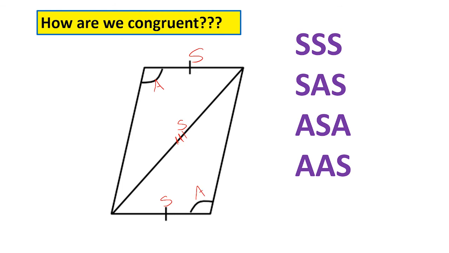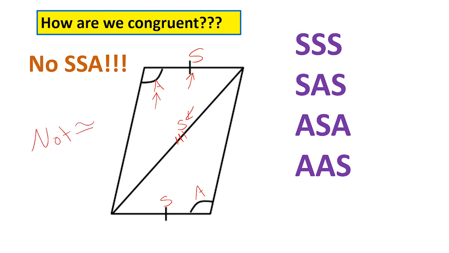Alright, so we have side, side, angle. Is that one of our theorems? No, that is not. There is no side, side, angle. So we can conclude that these two triangles are not even congruent for this last one here.